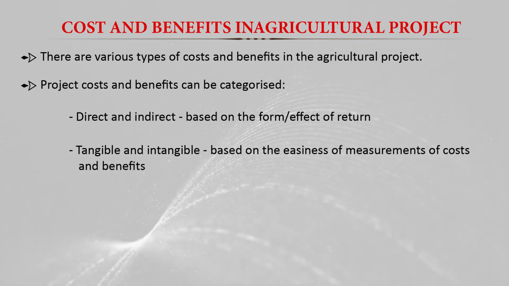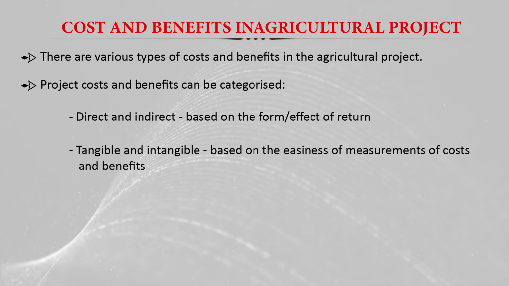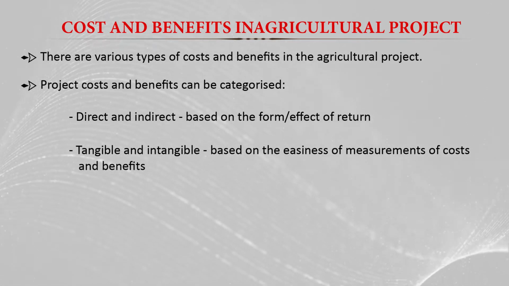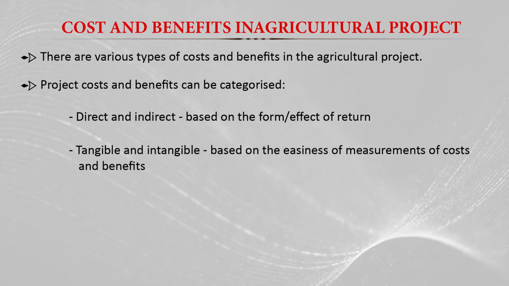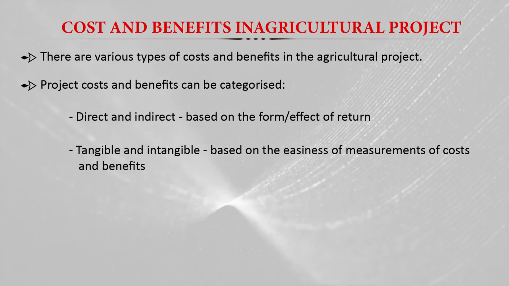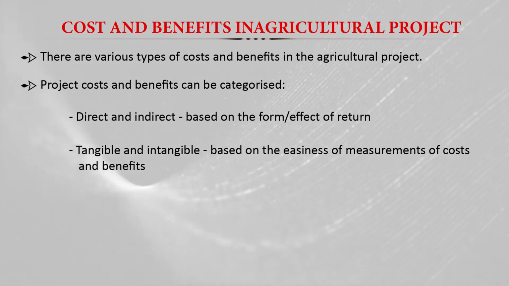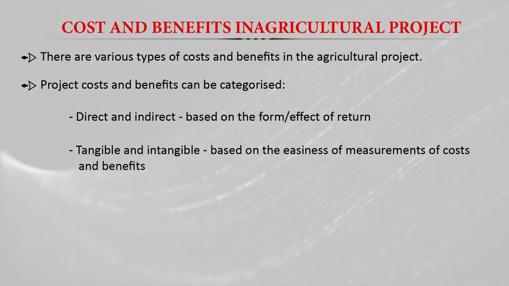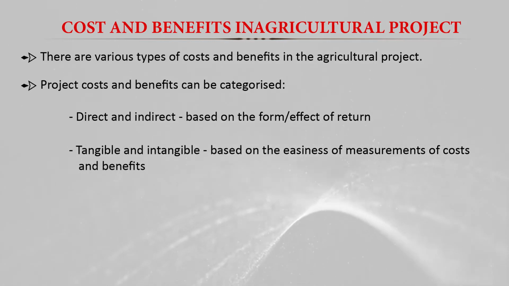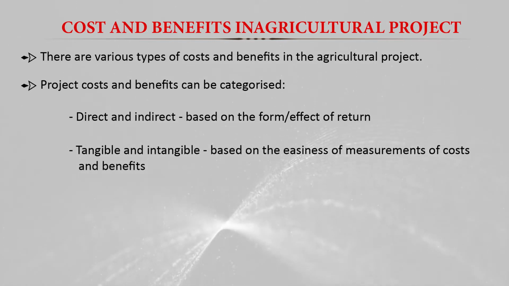Sometimes there is some effect like development of a beautiful place due to increased availability of water from the irrigation. That will be an intangible benefit. So based on the easiness of the measurement of the cost and benefit, we can classify the cost and benefit into tangible and intangible cost and benefit.